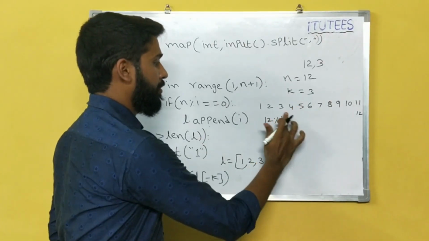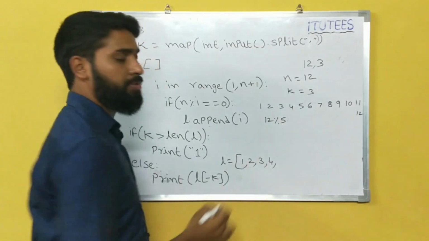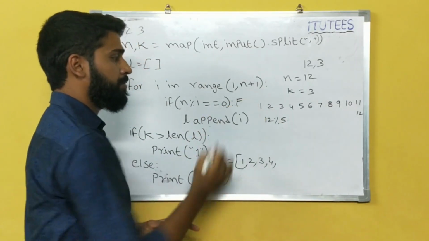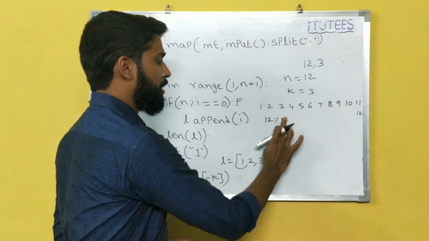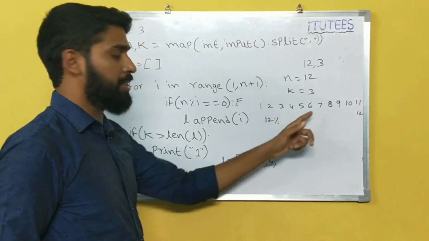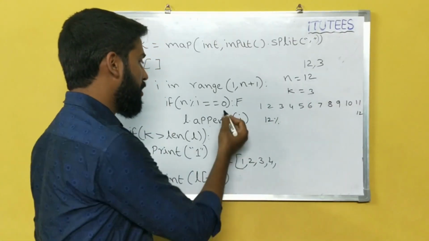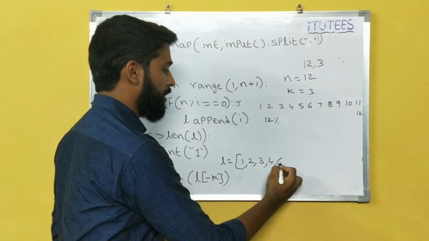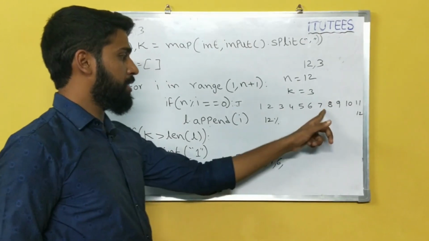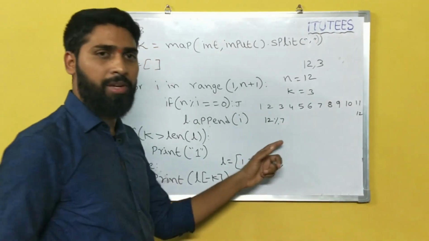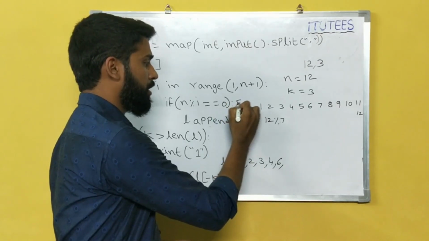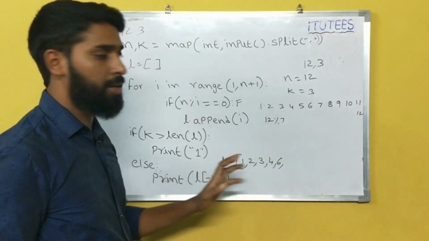Next 5. 12 percent 5 equals 0? No, it is false. Then go to 6. 12 percent 6 equals 0, true, so L dot append 6. Next 7. 12 percent 7 equals 0? False, so we don't append.